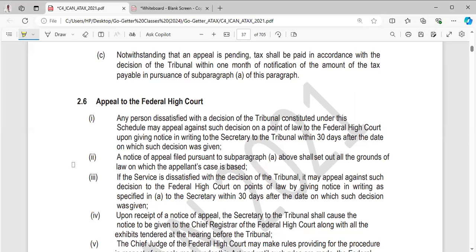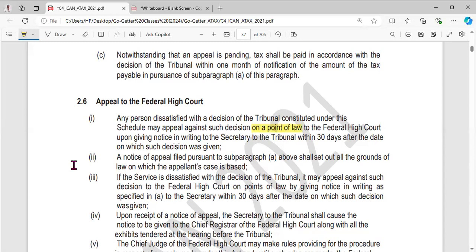So now you're writing to the Secretary within 30 days after the TET has given its decision, that you are appealing to the Federal High Court, and the appeal must be based on points of law. That is important.